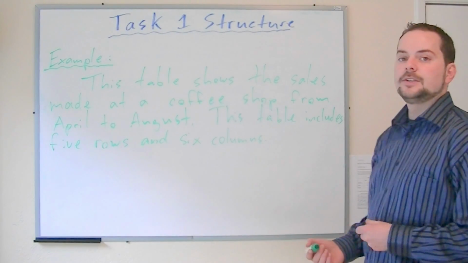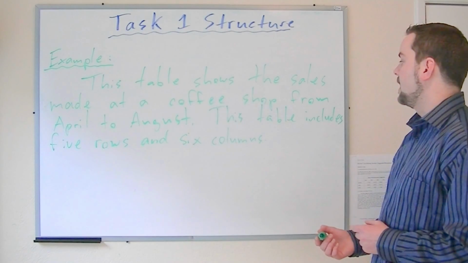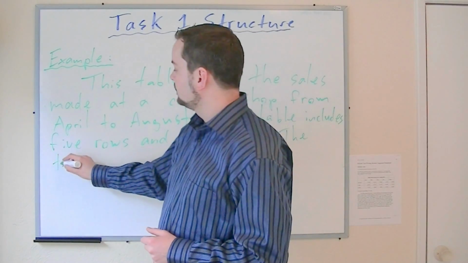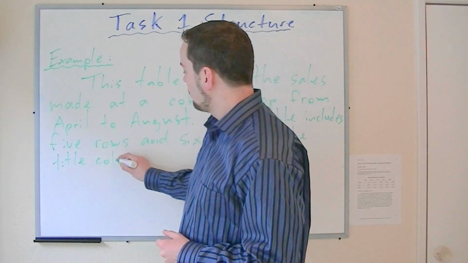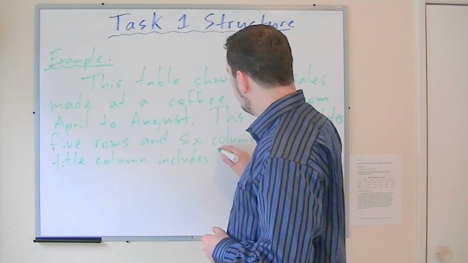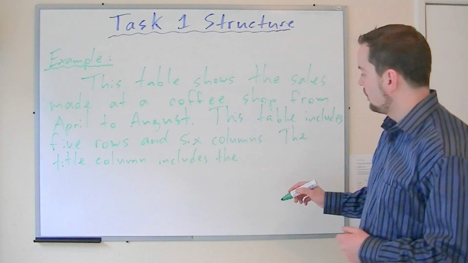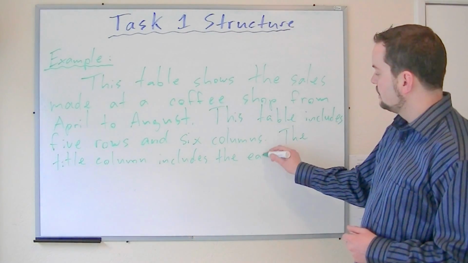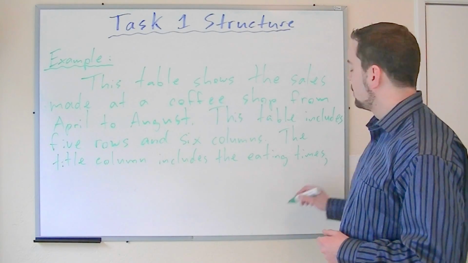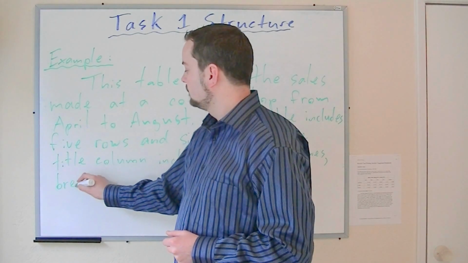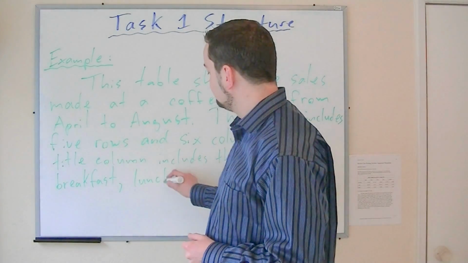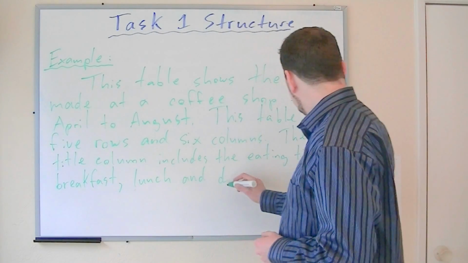I'll include one extra sentence just so you can see how that happens. So, the title column includes the eating times, which are breakfast, lunch, and dinner.